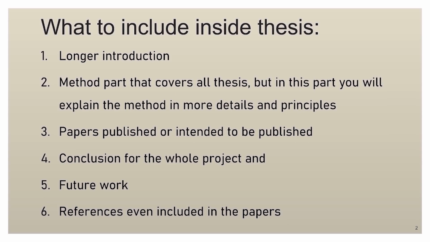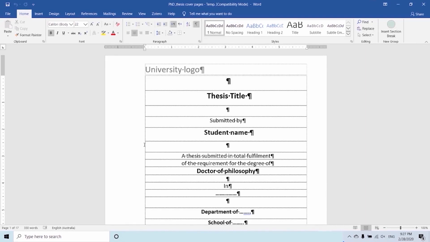The references for papers and the references in the rest of the thesis should all be gathered at the end of the thesis, and you are done for now. The good part of the thesis by publication is that examiners can't argue much about your results. It is already published.